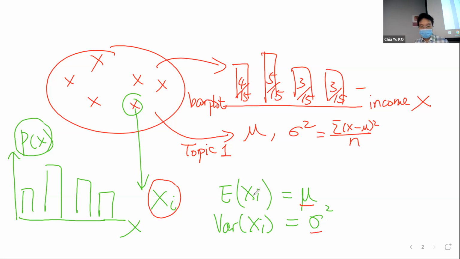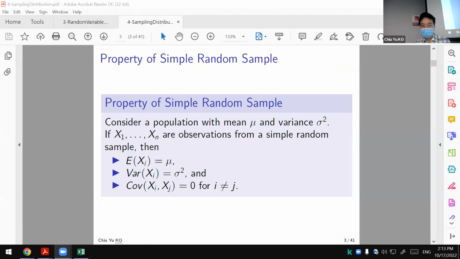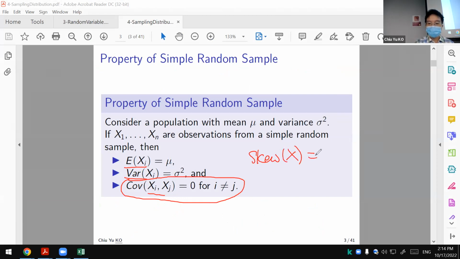Another thing I want to highlight is that because of independence, different observations have zero covariance. Although I just mentioned the mean and variance, indeed, if you learn further, for those who care, the skewness will be the same as the population one, and the kurtosis will be the same as the population one.